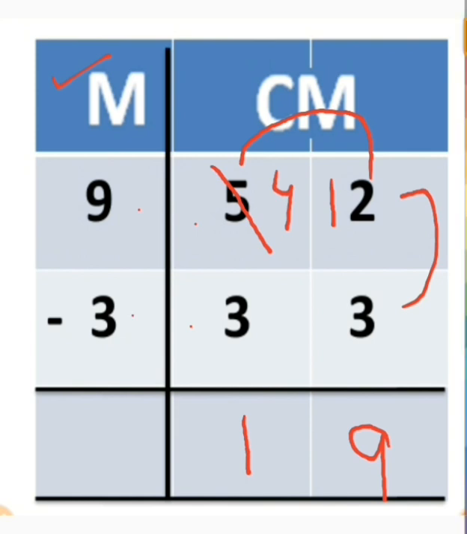So 9 minus 3 is? Yes, it is 6. So we will write 6 in the meters column children. So we have got the answer as 6 meter 19 centimeter. So the length of the broken part of the tree is 6 meter 19 centimeter.